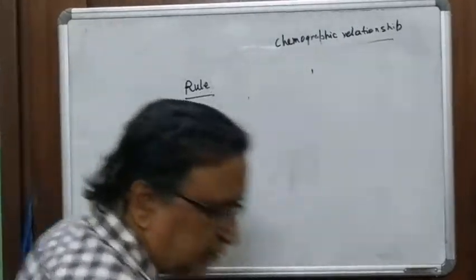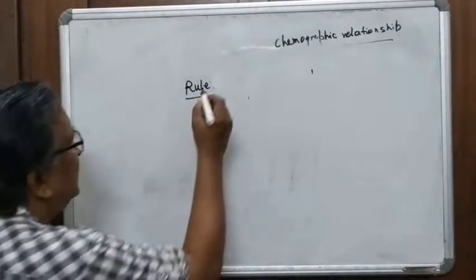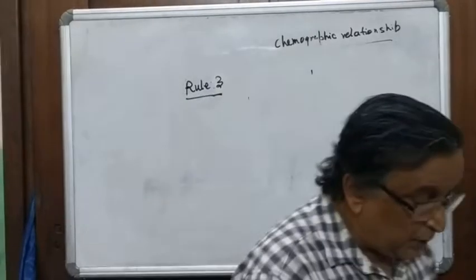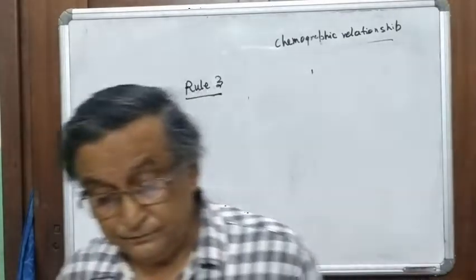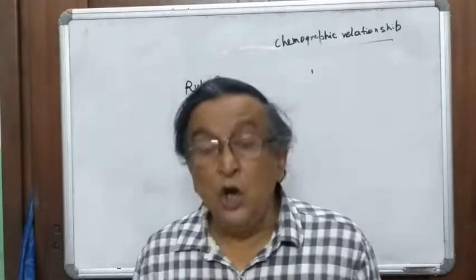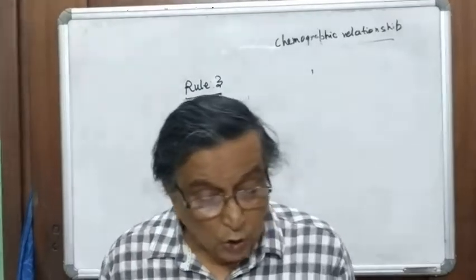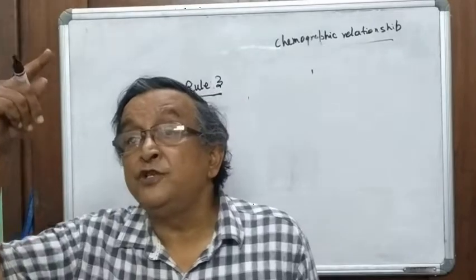Now we come to rule 3. Components occurring in only one phase need not be plotted if we also ignore the phase in which the component occurs.